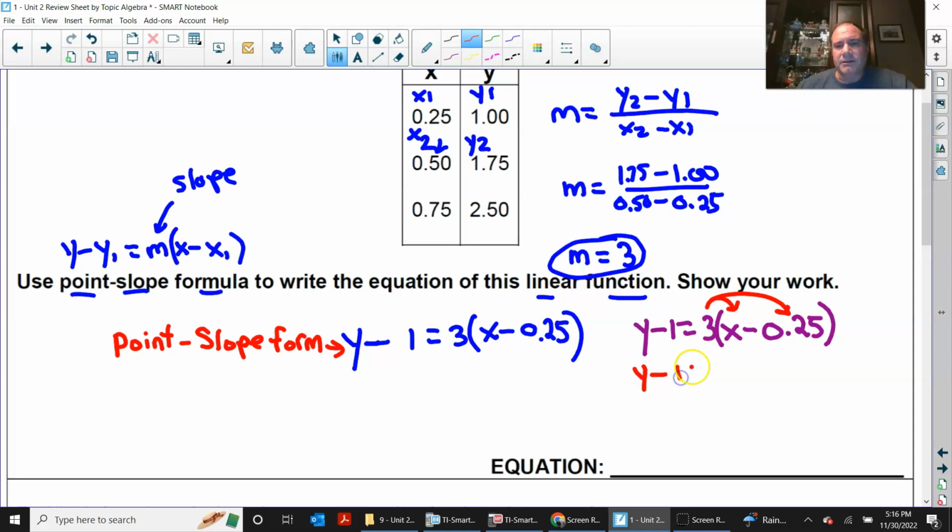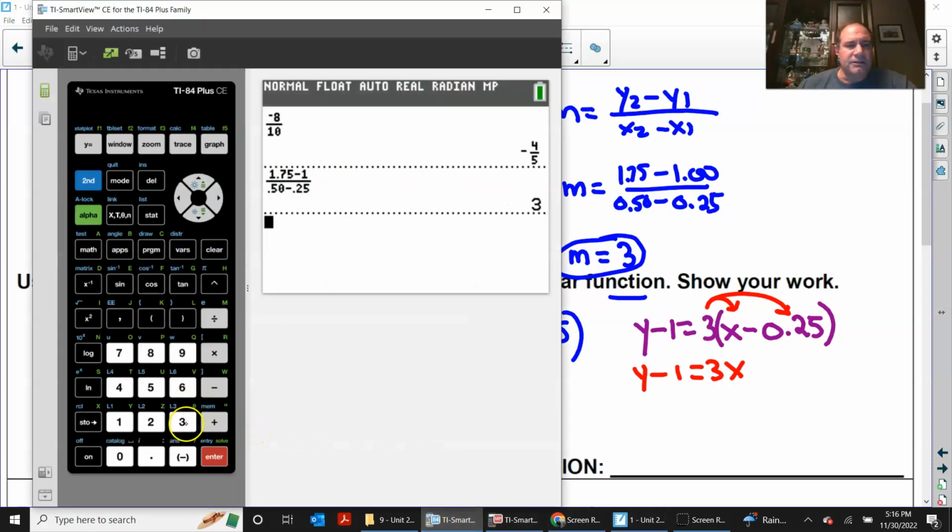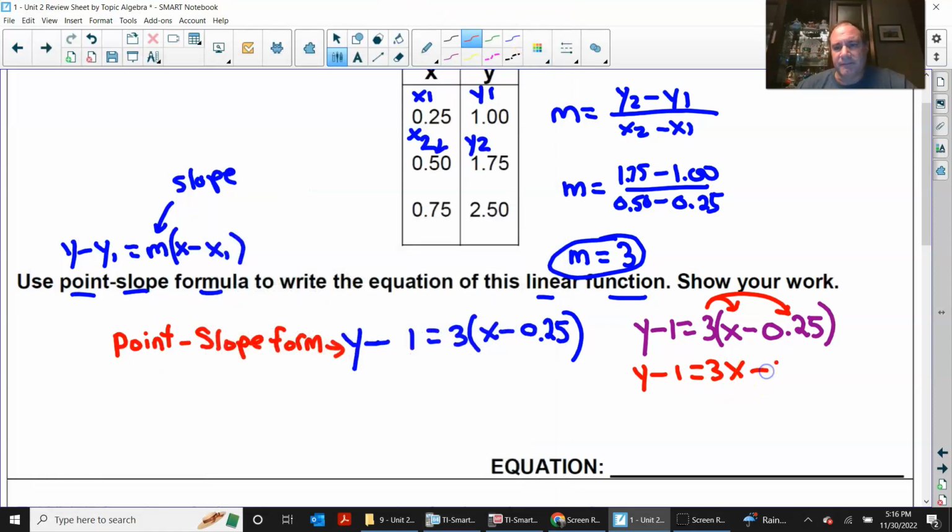Y minus 1 equals 3x. And then just so I know I'm getting this correct, 3 times negative 0.25. All right, and that is negative 0.75. Then I'm going to add 1 on both sides, and I'm going to cancel it out.